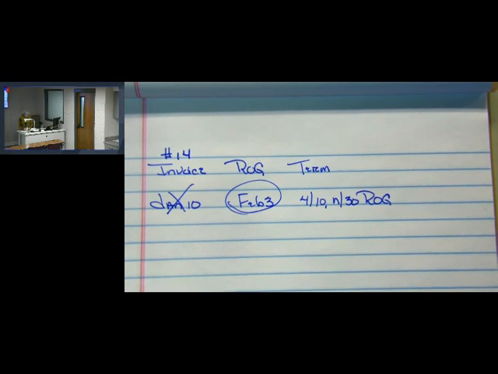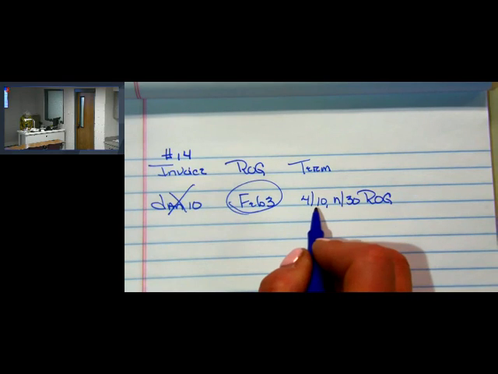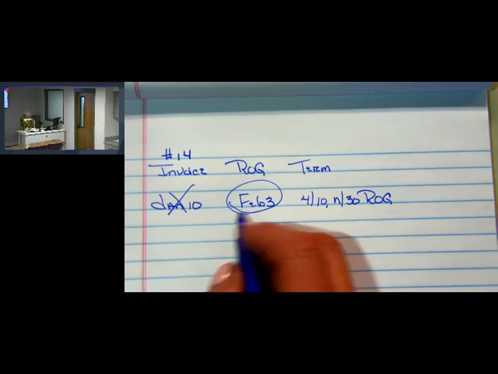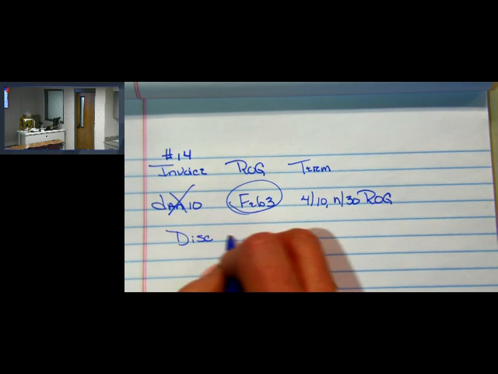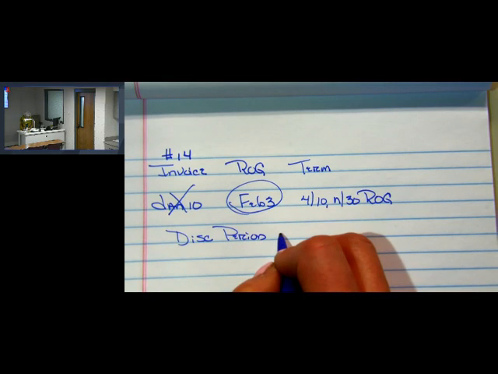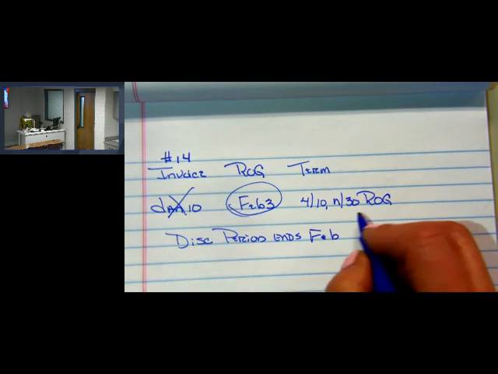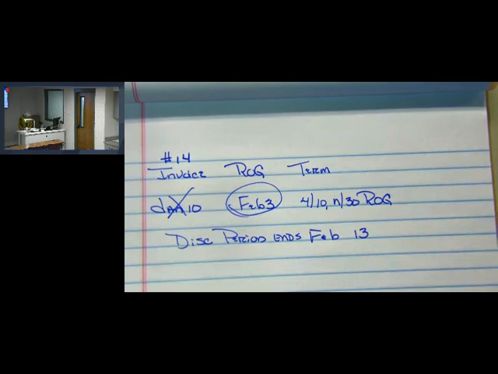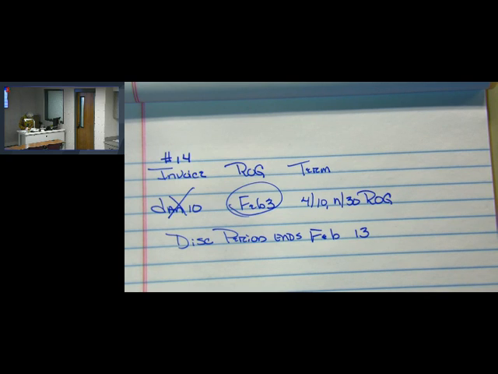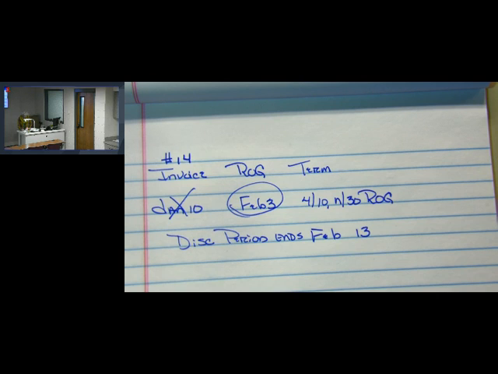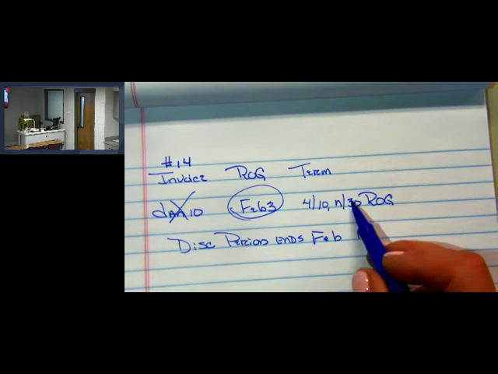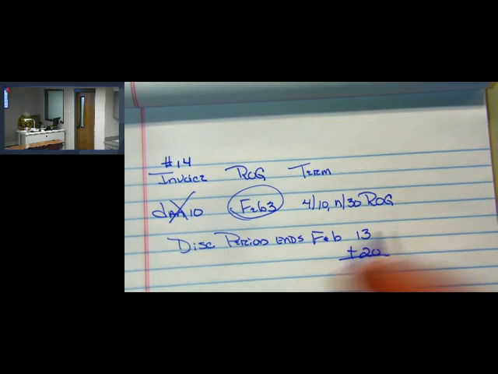So in the terms of trade here, the discount period is going to end 10 days from February 3rd, which is February 13th. 20 days from February 13th, use your table, is going to be March 5th.